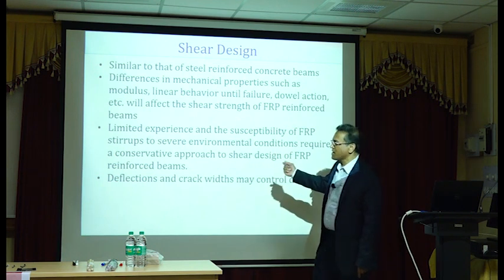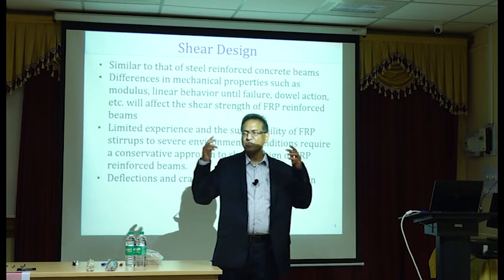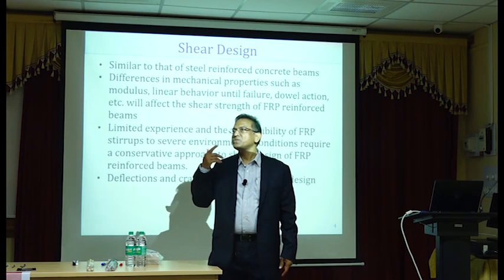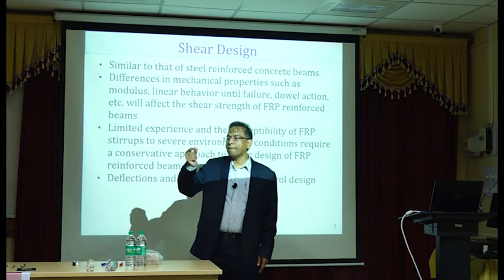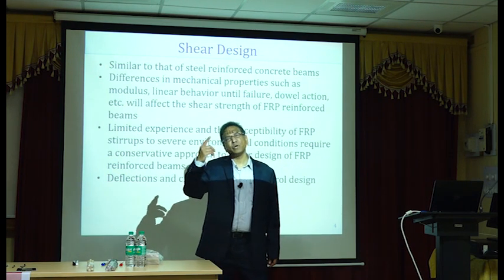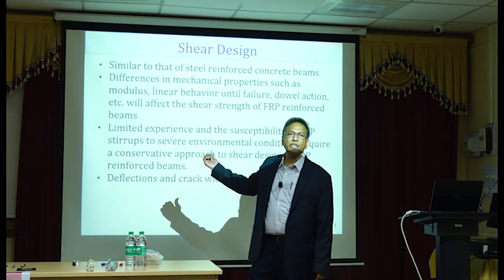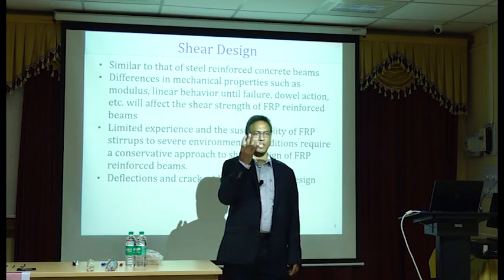Plus, remember, this is one thing I would like to highlight because most of you are thinking in terms of research, so you should think in those terms. Steel modulus is 200,000 MPa, or 200 GPa. For example, glass fiber FRP modulus is only 40.